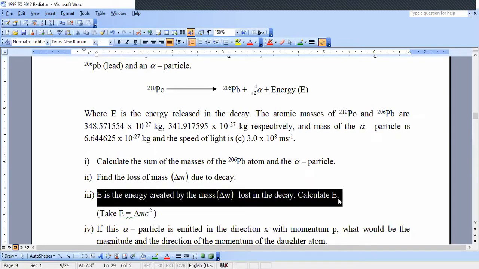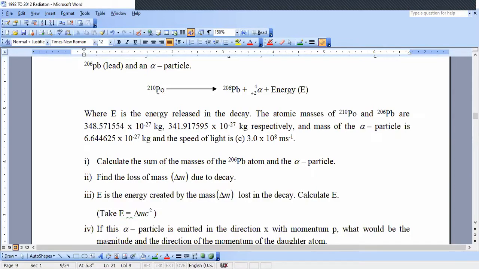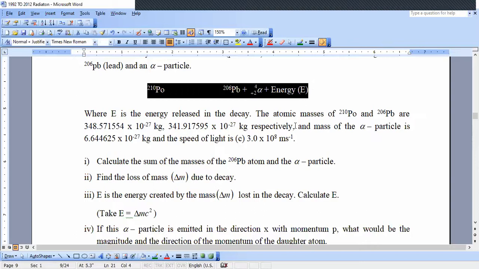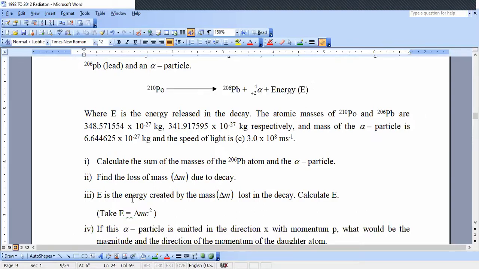It means the mass of the polonium atom is greater than the summation of the masses at the right hand side, the lead atom and the alpha particle. Some mass is reduced due to this reaction, and the reduction of mass is converted into energy.